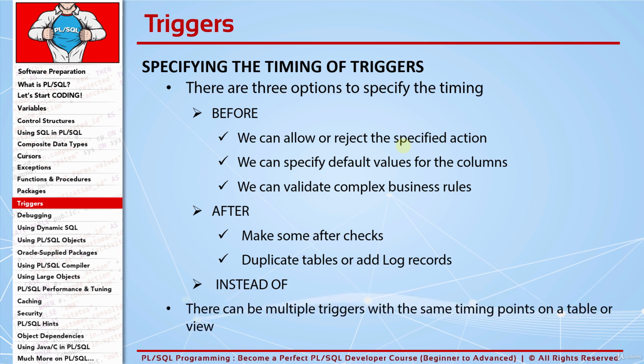There can be multiple triggers with the same timing points on a table or view. Alright, we can have more than one trigger on the same table or view. Actually, this is not what we want, because we know that before triggers work before the after triggers normally. But which one of the before triggers will work first?